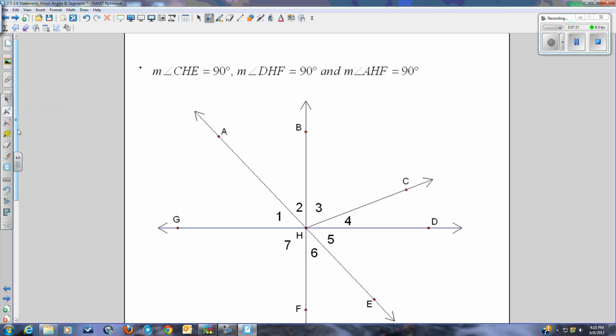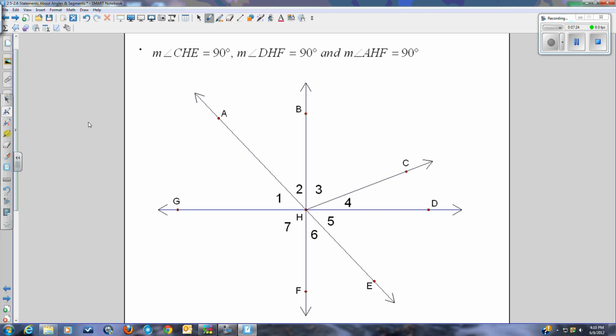And we're given this picture. It is not drawn to scale, but we're given some information. We're told the measure of angle CHE is 90 degrees. So this part right here is 90.